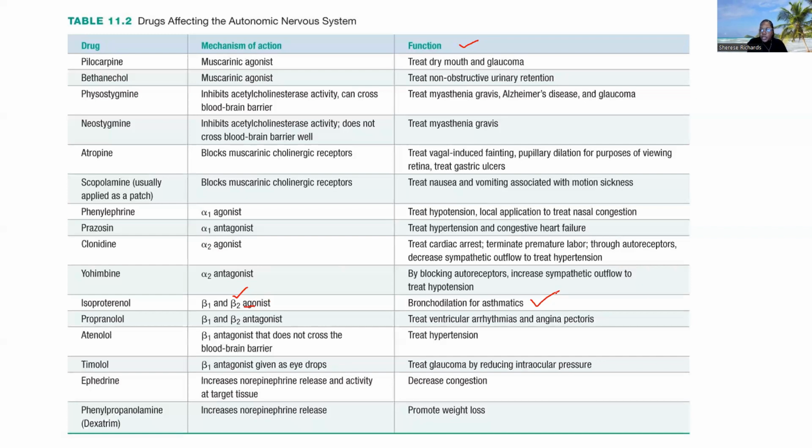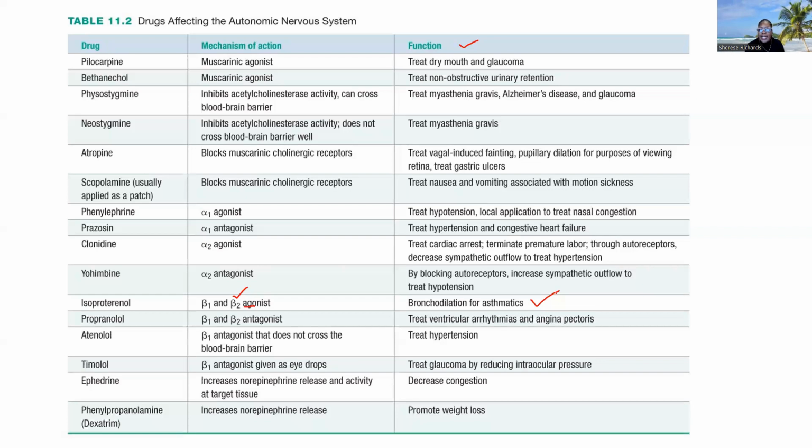So this is how we can use our knowledge of these receptors to mimic some of these responses and have some therapeutic effects by manipulating these receptors. And so that's an example of an agonist.